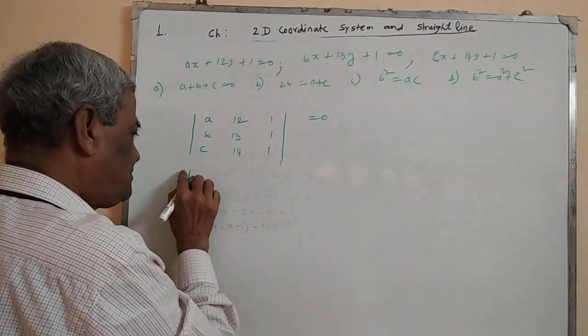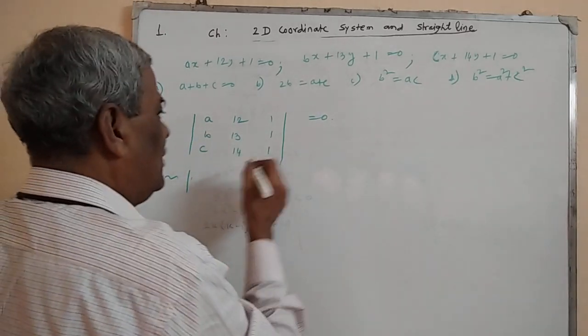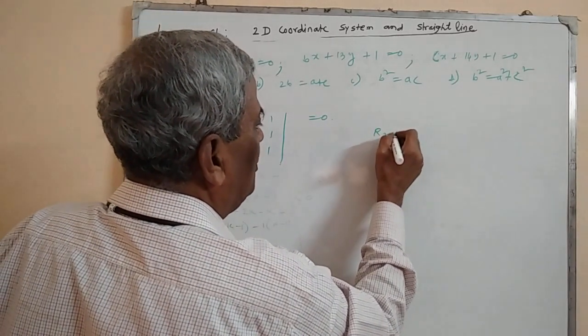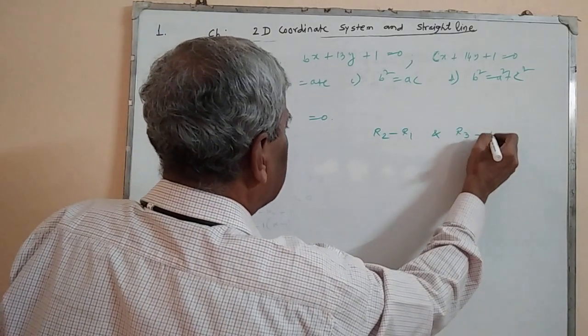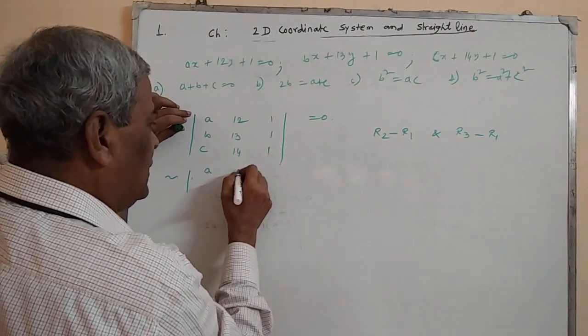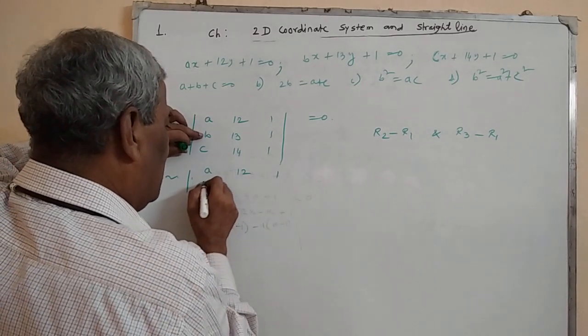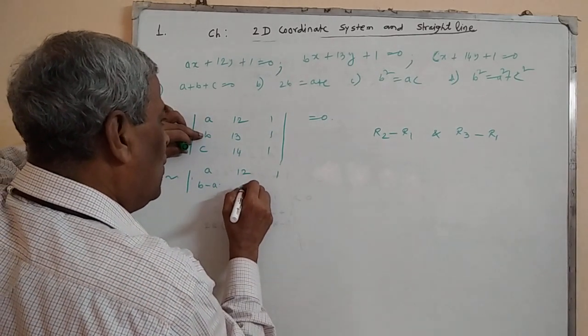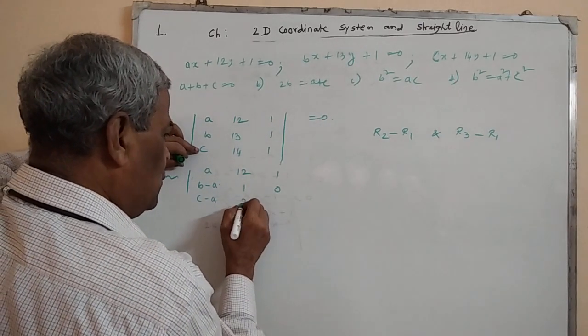Operating on the determinant by R2 minus R1 and R3 minus R1, we get first row constant, B minus A, 1, 0, C minus A, 2, and 0.